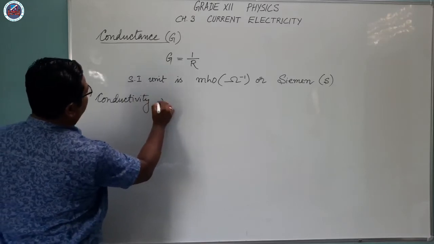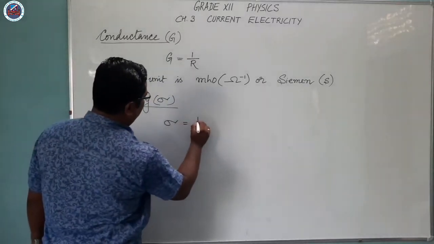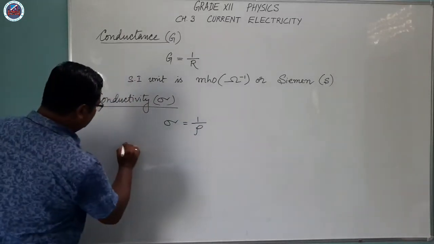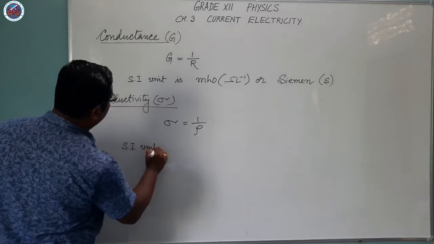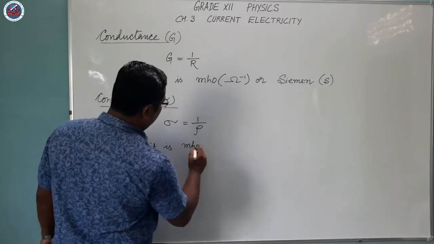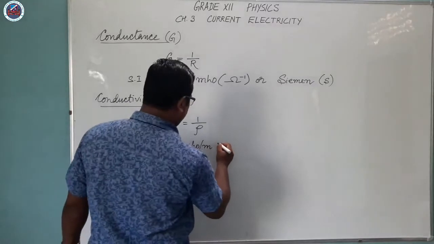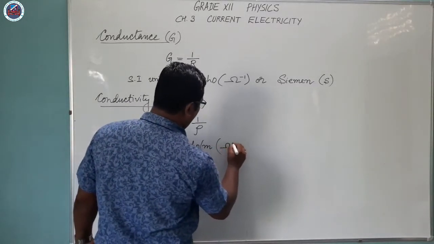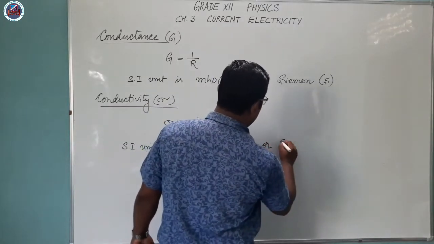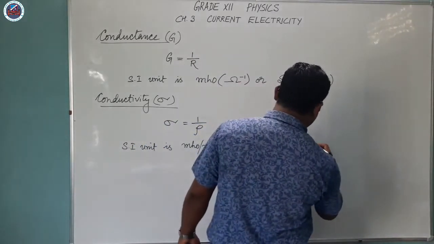Conductivity we represent with the symbol sigma, and conductivity is defined as the reciprocal of resistivity, that is 1 by rho, and its SI unit is mho per meter, or siemen per meter.